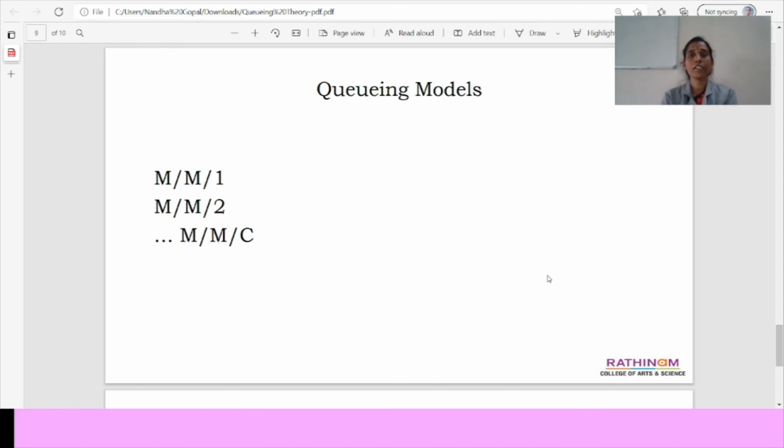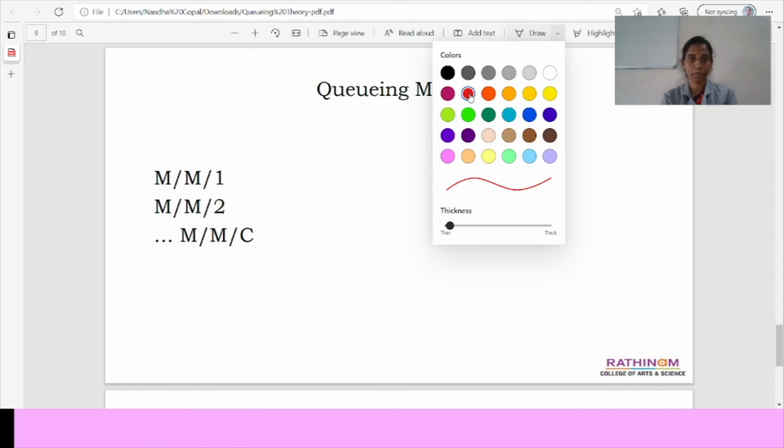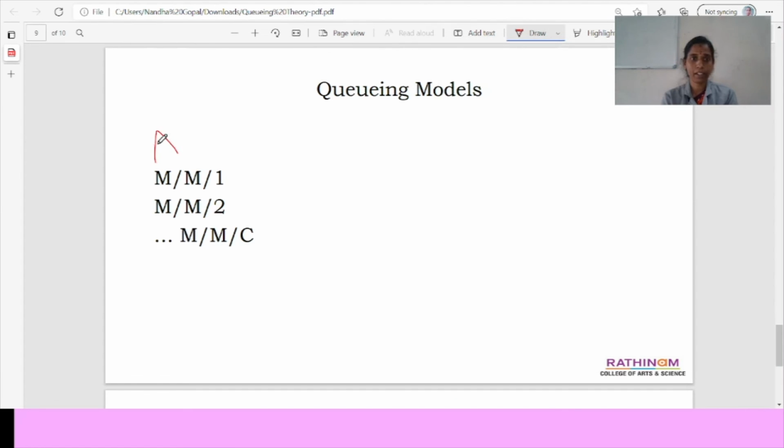And the next one is queuing models. What is the meaning of queuing models? We say M/M/1. Here, what is the meaning of M/M/1? The first one is called the arrival process; always we use the Poisson distribution. The next is called the service process; service always depends on the exponential distribution.